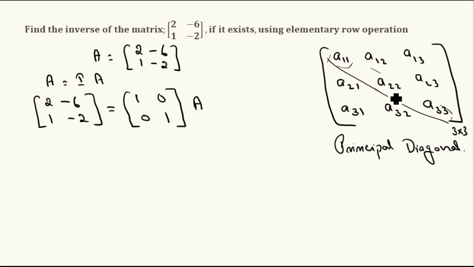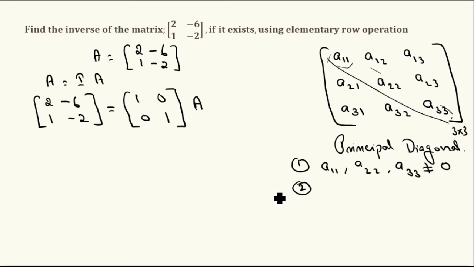Now these elements we have to make 1, as in the identity matrix. So these should not be 0. So the first step we have to remember is that A11, A22 and A33 should be not equal to 0. If it is 0, immediately you can interchange any row and change it into non-zero.